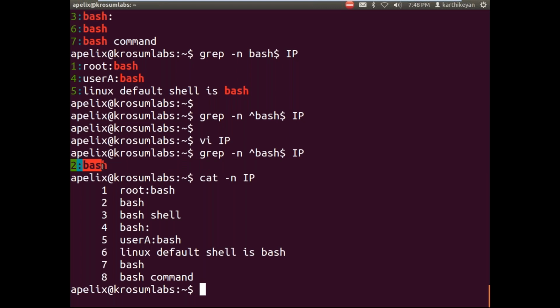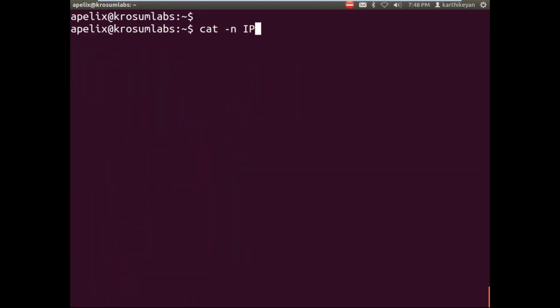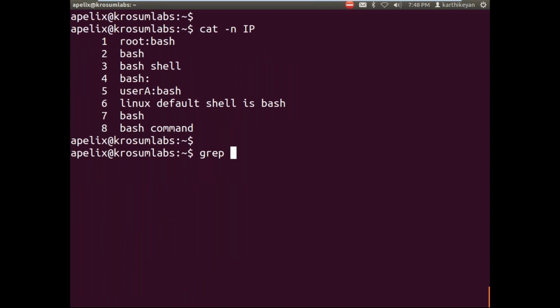What is the pattern for this example? Grep, followed by the line number pattern, dollar. Now what will this regex pattern be? Search for the starting bash and then one character, then the end.